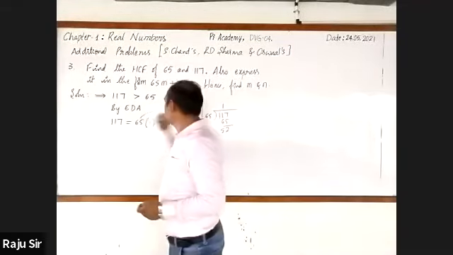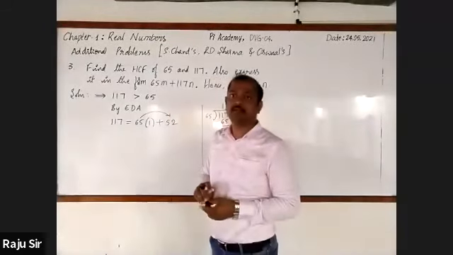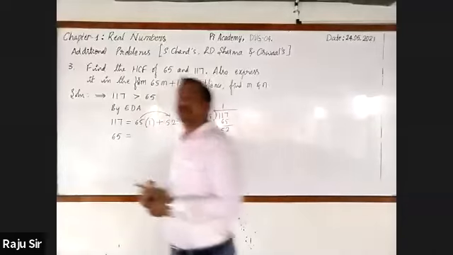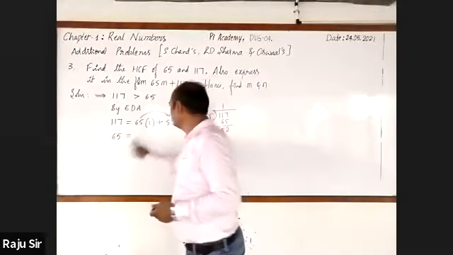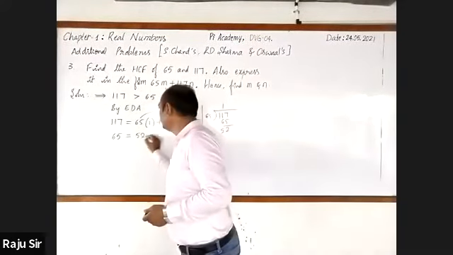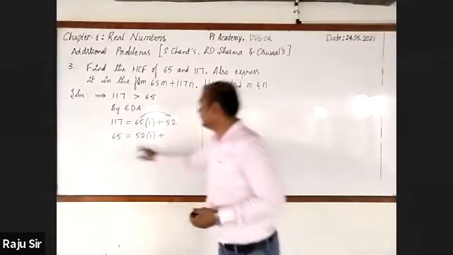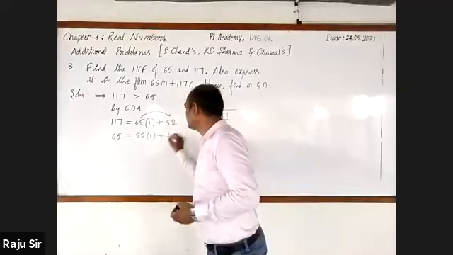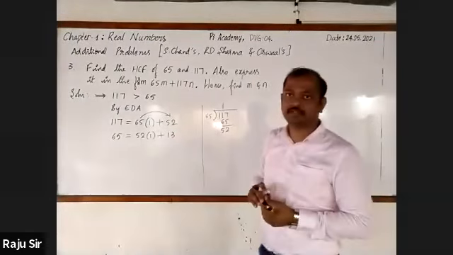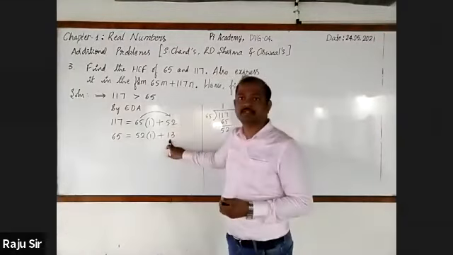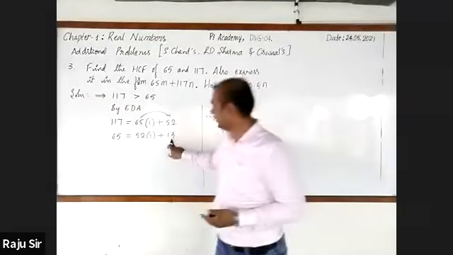Let's continue. 65 is greater than 52. Even this can be written directly. 65 is equal to 52 ones up, plus you will get 13. Next, remainder 13 is not equal to 0.